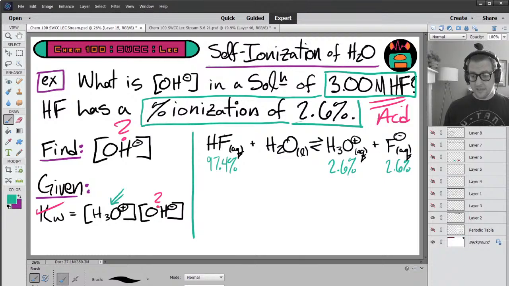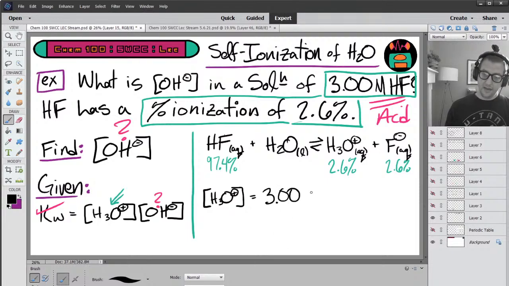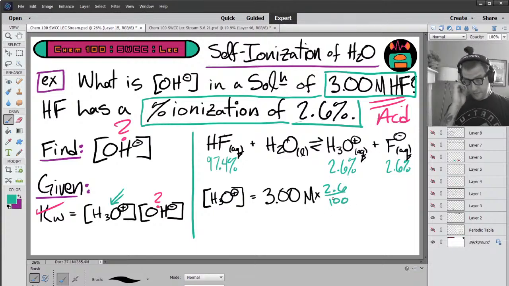That means that the concentration of hydronium, the molarity of hydronium, is equal to that initial molarity of HF times 2.6%, or 2.6 over 100. All right? Because that's the amount of HF that generates hydronium in this problem.